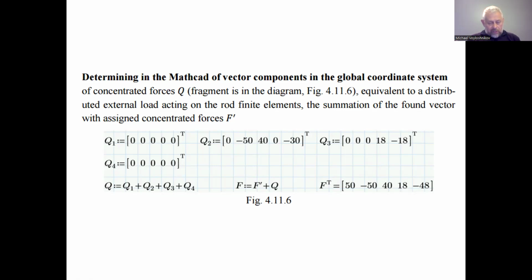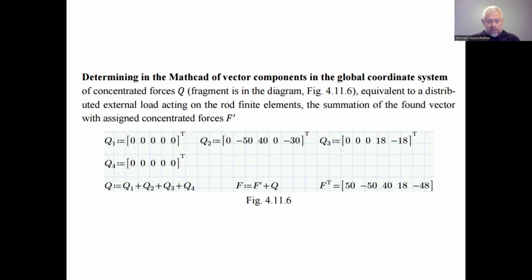It is the subject of our interest, the forces acting in the nodes under the action of distributed load. So the action of distributed load we consider on all 4 finite elements.